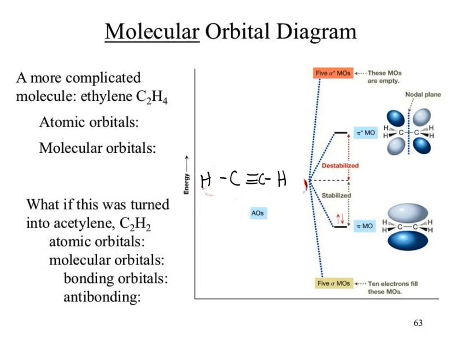Let me draw that C in. How many carbons do we have? How many atomic orbitals does each carbon have? 4. So I have a total of 8 from the carbons and 2 each from the hydrogens. I have 10 atomic orbitals.